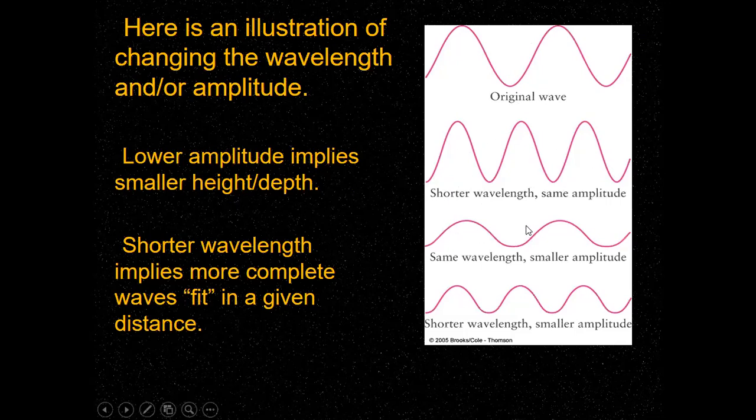In this one, the peak to peak distance is about the same as the original, so I would say the same wavelength, but the height is smaller, so this has a smaller amplitude. Likewise, this one has a shorter wavelength and also a shorter height, so it has a smaller amplitude.